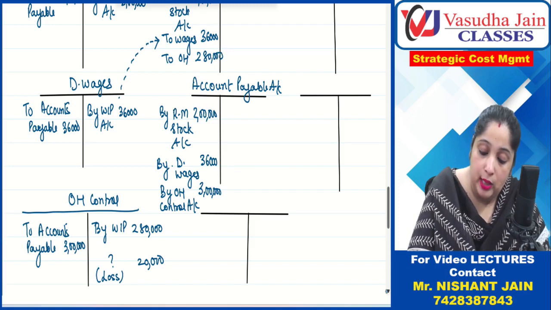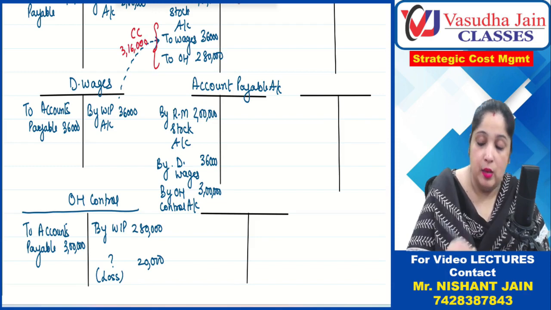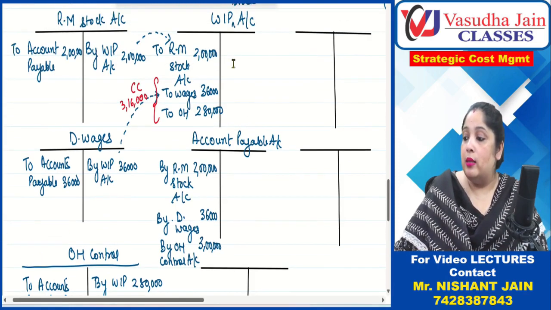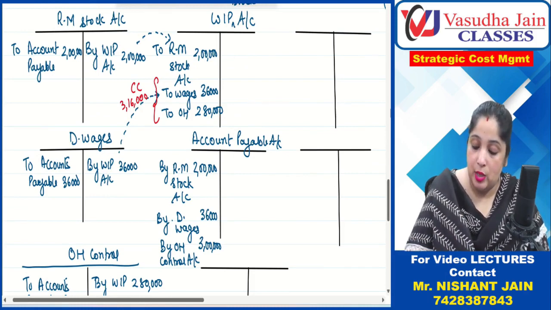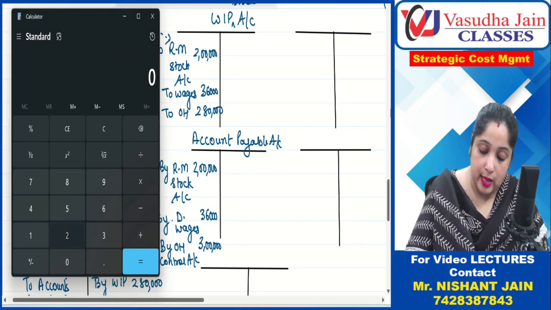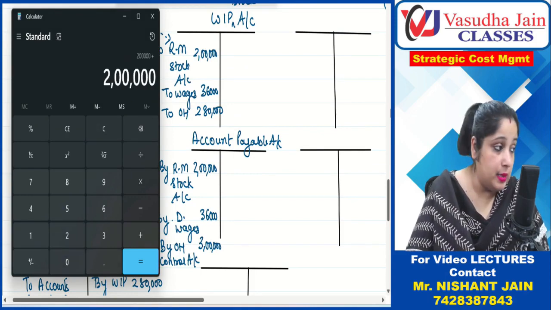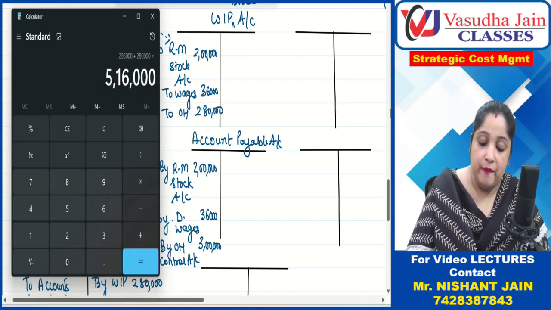So basically the total conversion cost, total CC we have transferred is 3,16,000, right? Now the total work in progress created, how much? 2 lakh plus 36,000 plus 2,80,000, 5,16,000.